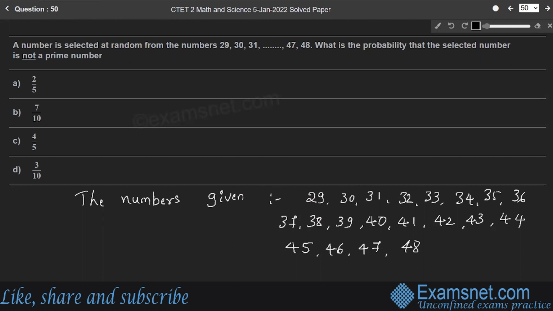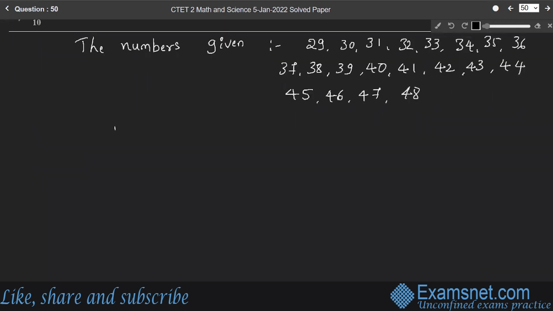So total numbers is equal to, here number of terms is equal to 20. Right.